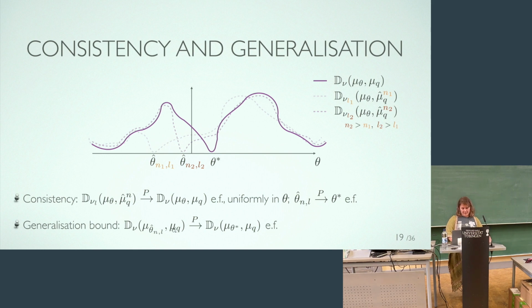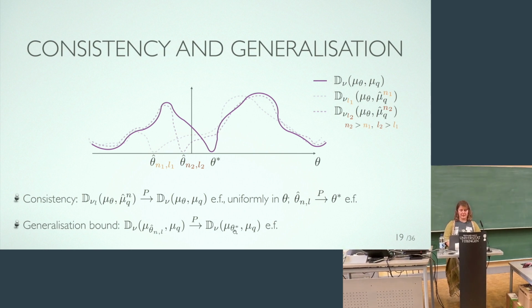On top of that, we can prove generalization: the distance, in the sense of the true EMCMD, between any mu-q, or any embedding of a distribution Q, and the embedding estimated with approximated EMCMD converges to the true EMCMD distance between the true value and mu-q. And that also happens exponentially fast.